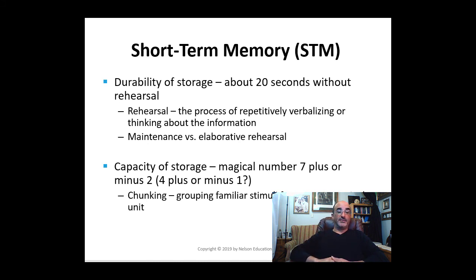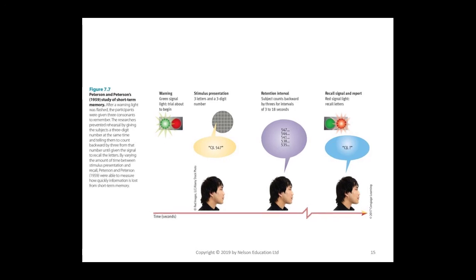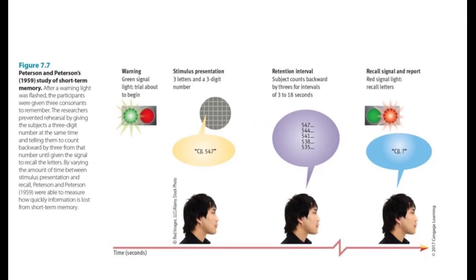Peterson in 1959 conducted a study illustrating how quickly information is lost in our short-term memory, and this study is illustrated in the next slide. In Peterson and Peterson's 1959 study, after a warning light was flashed, the participants were given 3 consonants to remember.